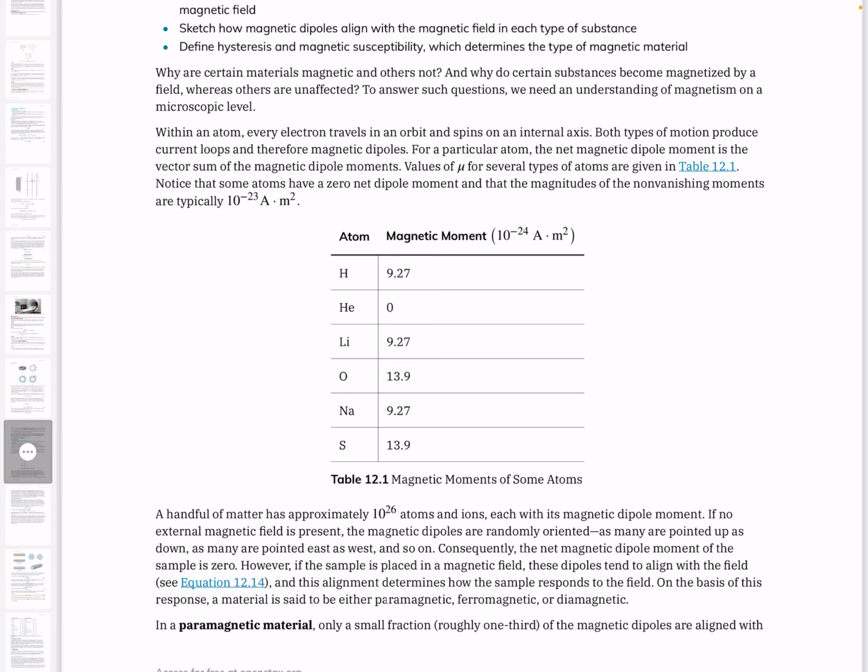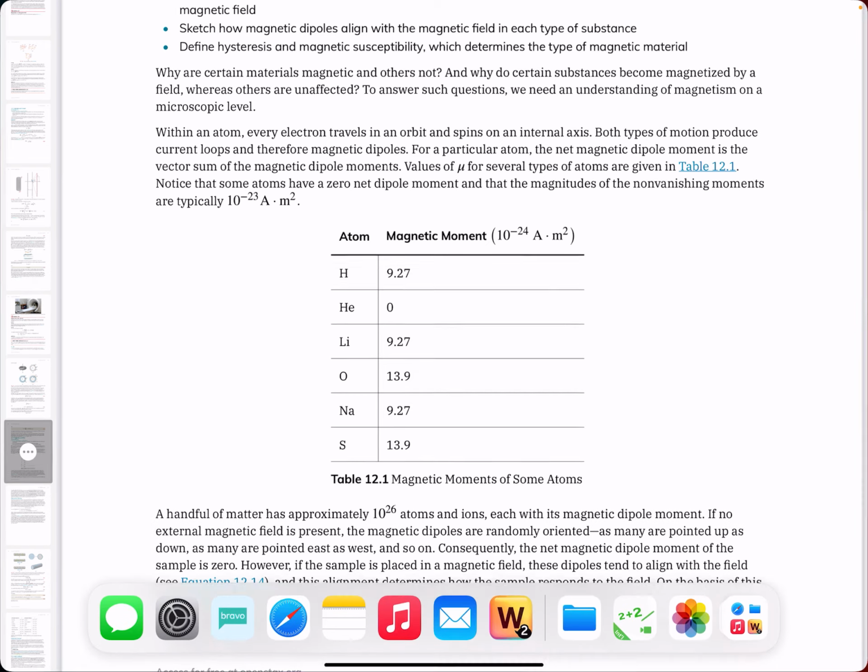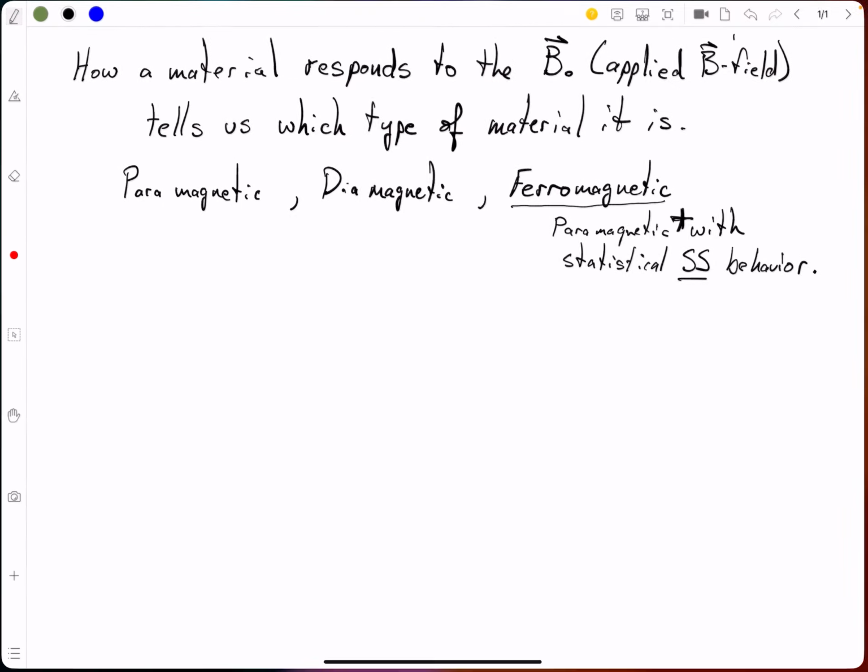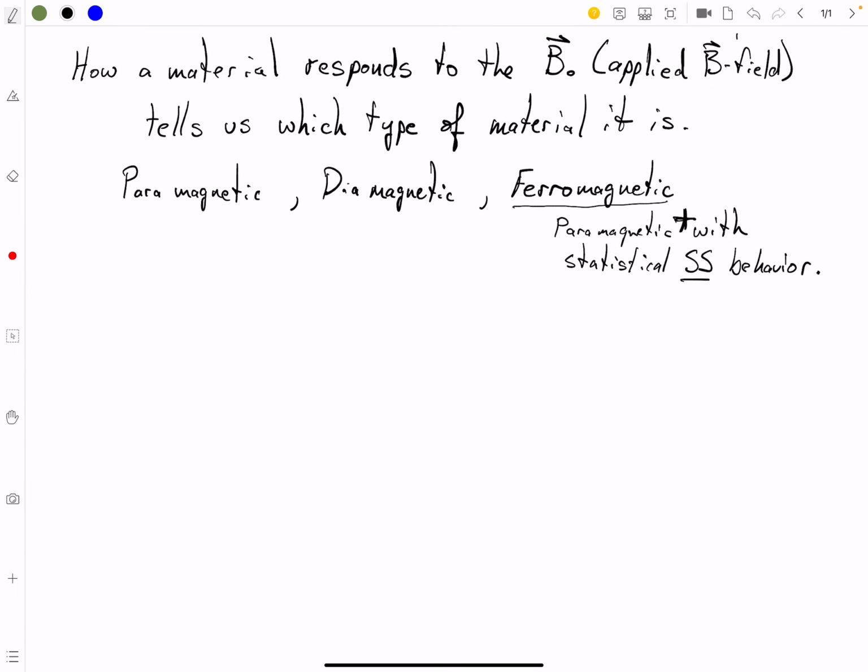These guys, anything with a magnetic moment here, those are paramagnetic, okay? So paramagnetic substances, I'm going to call it para-M, okay? They have a net magnetic dipole.